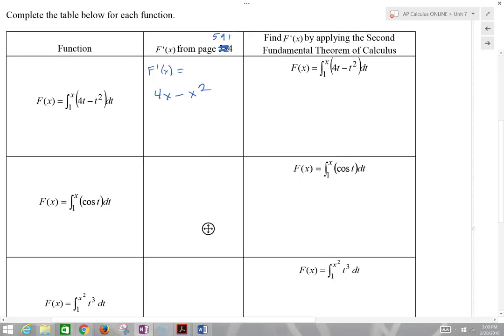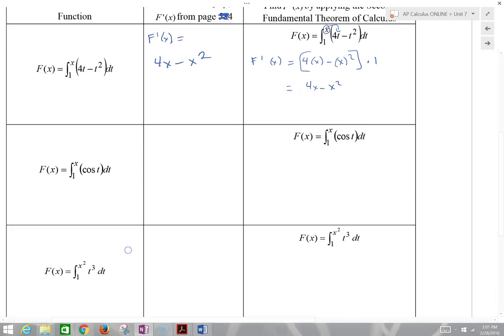And now let's apply the second fundamental theorem of calculus, which says that F prime of x can be found by plugging this in here. So that's 4 times x minus x squared, and then we need to multiply that by the derivative of x, which is just 1, which gives us 4x minus x squared.